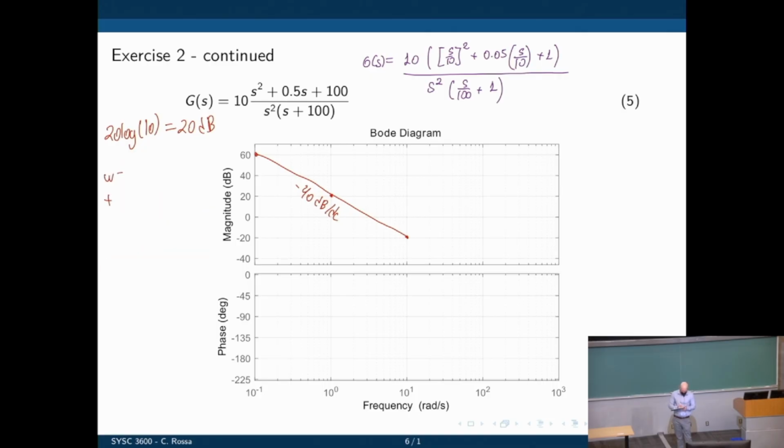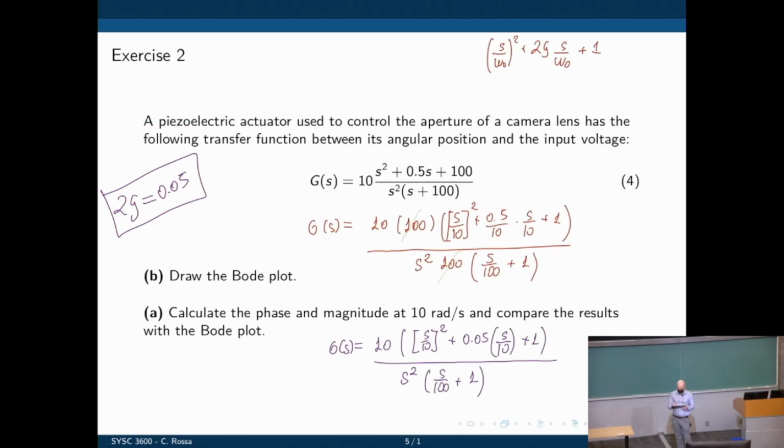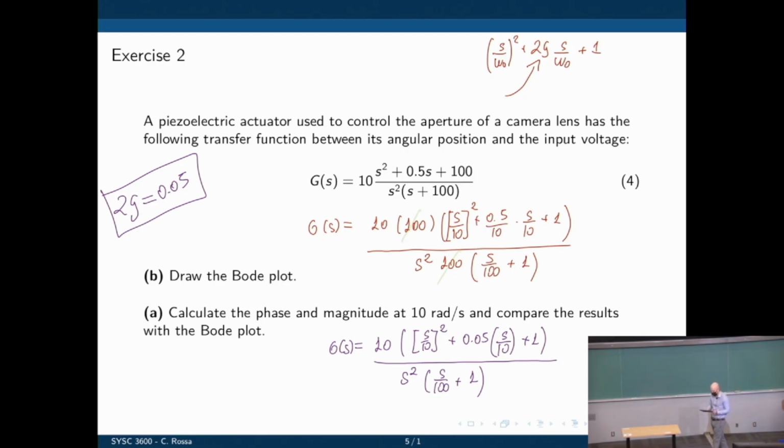At omega equals 10, we should see plus 20 log of 2 zeta. And 2 zeta is 0.05. I remember from our standard formulation here, what multiplies s over the cutoff frequency is 2 zeta, not zeta. It's just 2 zeta.